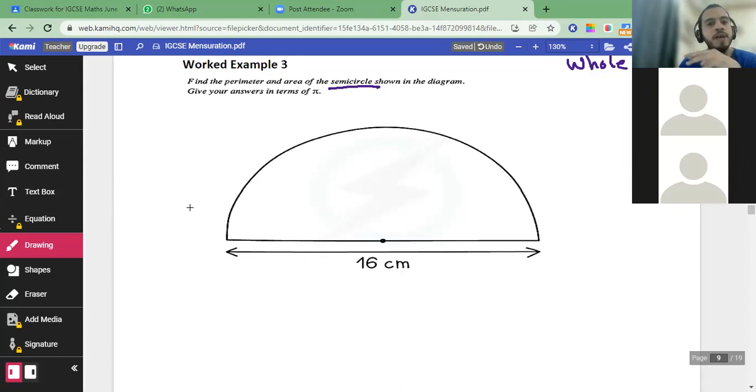How can we find it? We need to calculate the area and the perimeter. Which one would you like to calculate first?